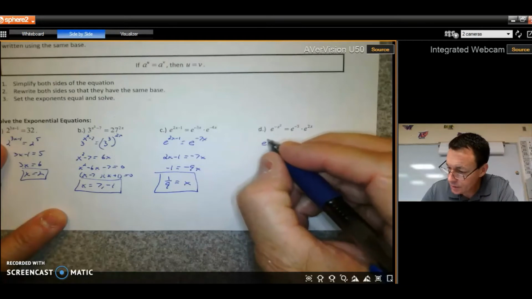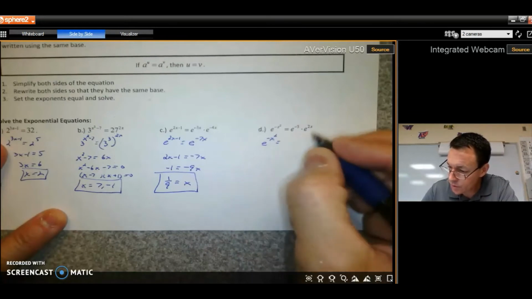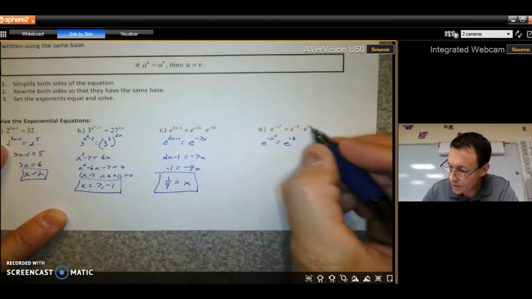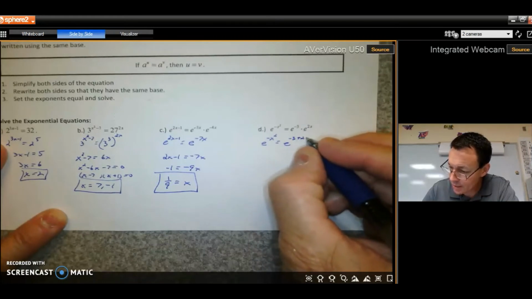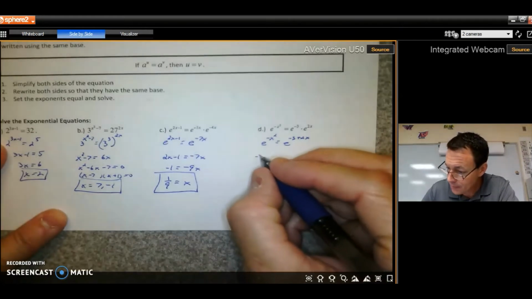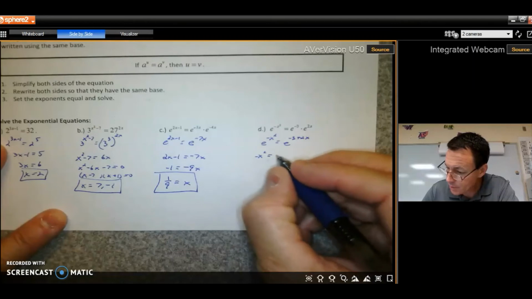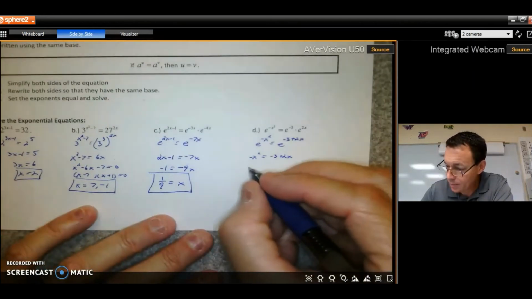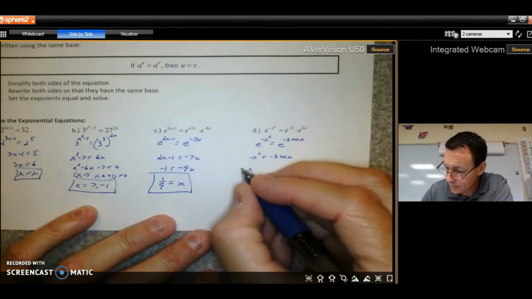Try this one. Negative x squared equals, I'm going to combine these. Now, they're not like terms, so the only thing I can do is add them together. Negative 3 plus 2x, just leave it like that. But that's good. Okay, I've got the same base. I can set the exponents equal to each other. I've got a quadratic. I'm going to put them on the same side.